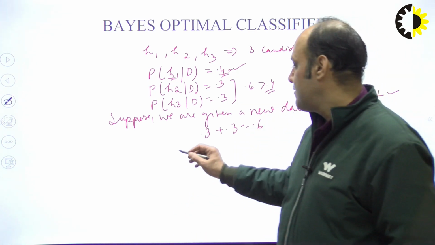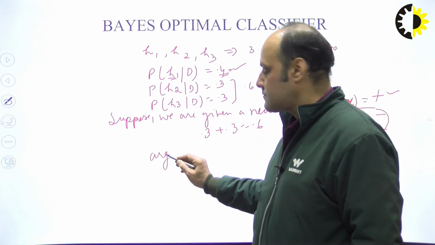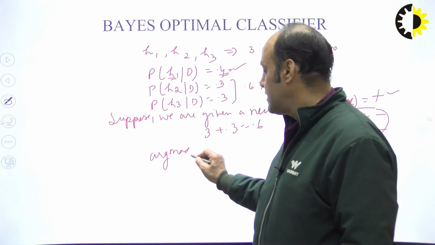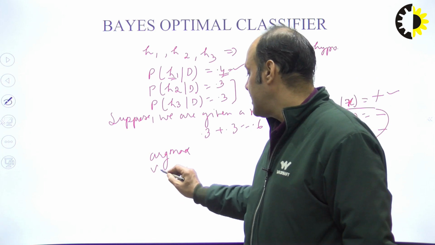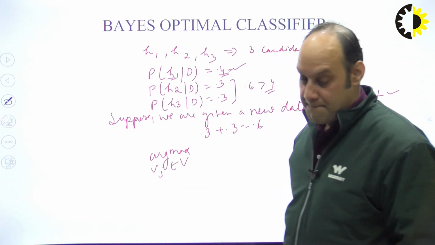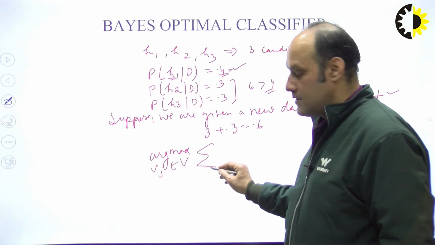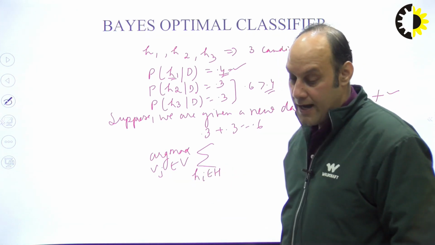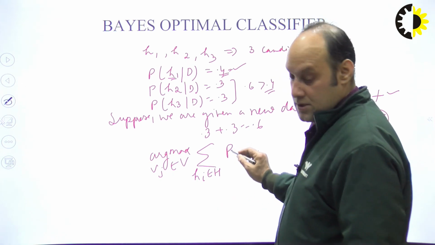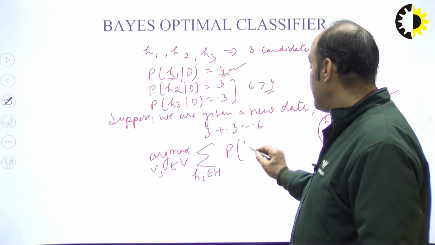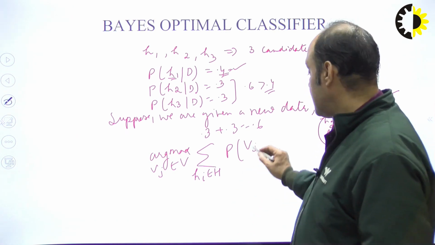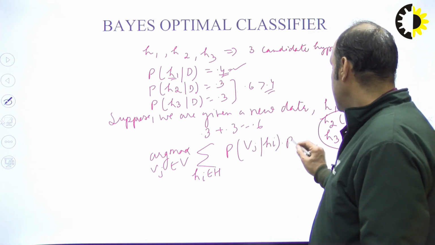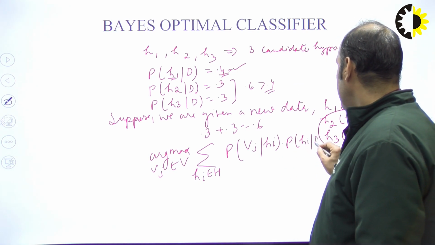It is given by arg max over Vj belonging to V of the sum over Hi belonging to my hypothesis space H of P(Vj given Hi) times P(Hi given D).